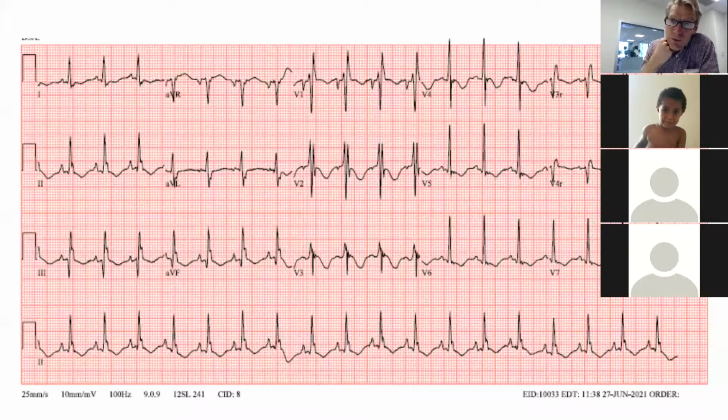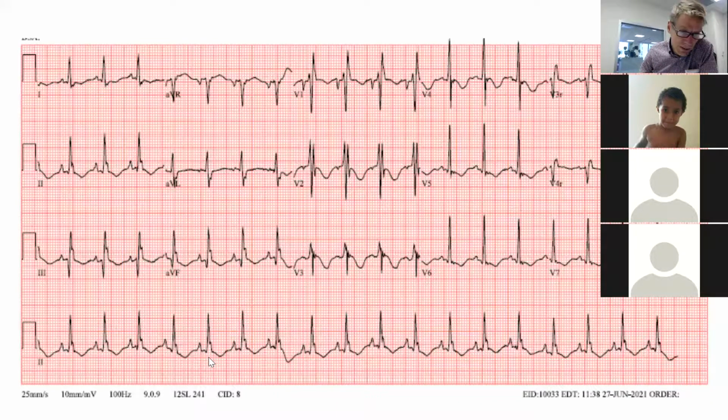Yes, that's right. Remember the 2 by 2 rule: it's not more than 2 millimeters wide, but it is more than 2 millimeters high. It looks like it's at least 3 millimeters high. So that tells us that there's right atrial hypertrophy.